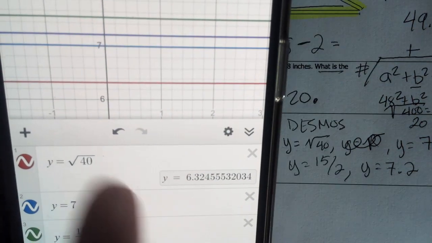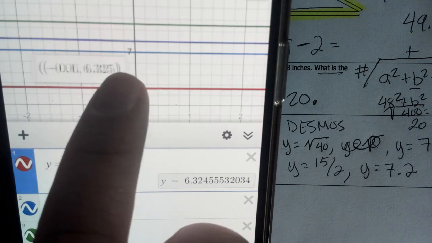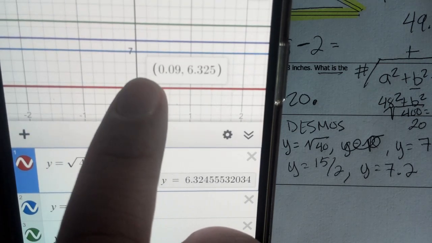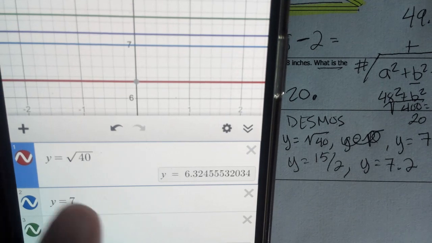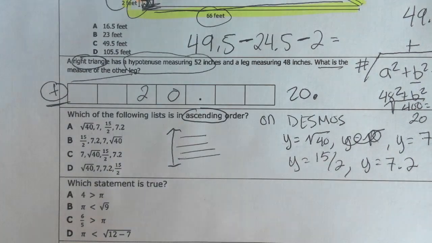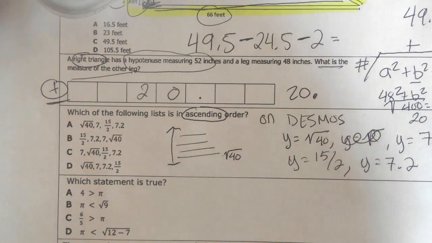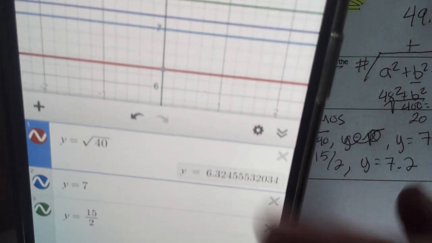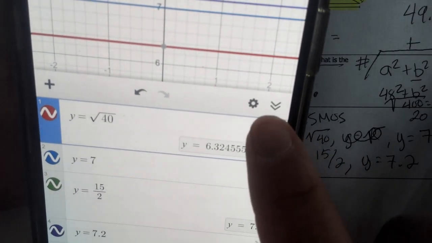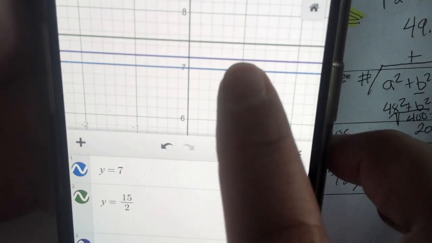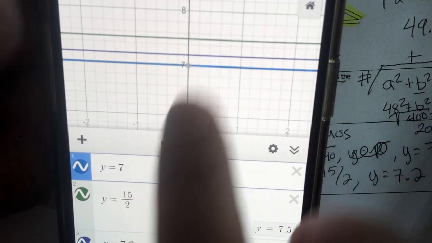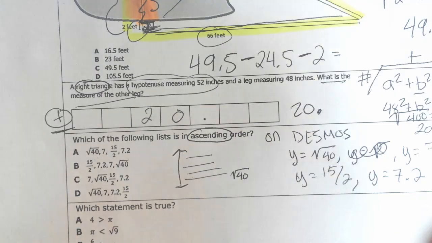Okay, the very bottom line is 6.325. It's the red one. The red one is the square root of 40. So our first number on the bottom is the square root of 40. Okay, after that I can delete it and now the bottom line is 7, y equals 7.